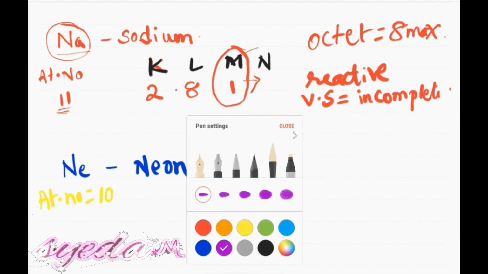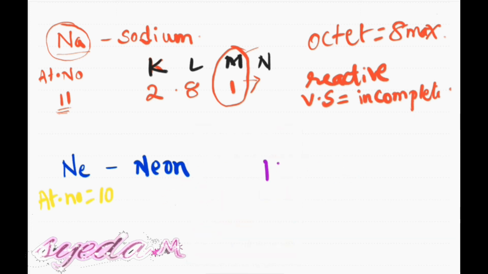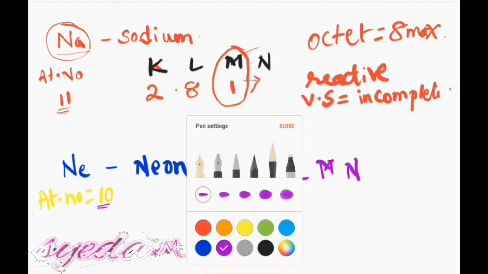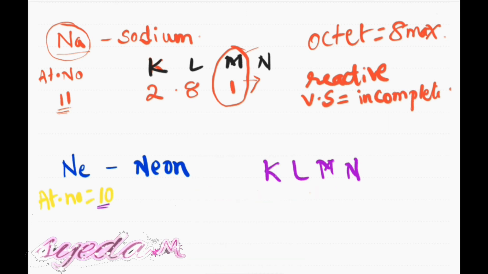So, if you are going to draw the structure for neon for K, L, M, N, how are you going to distribute this 10 in these shells based on the capacity? 2 will go to the first shell. Out of 10, 2 minus, how many left? 8. 8 will go to the second shell because the L shell has a maximum of 8.